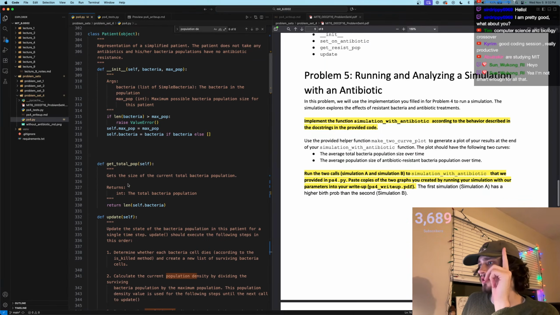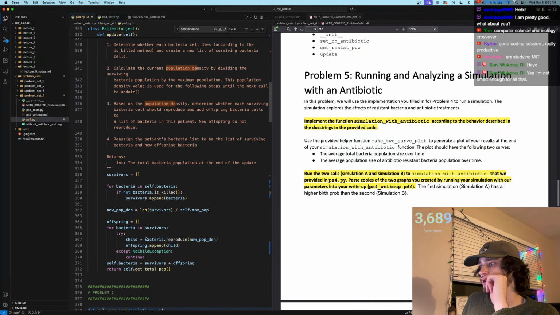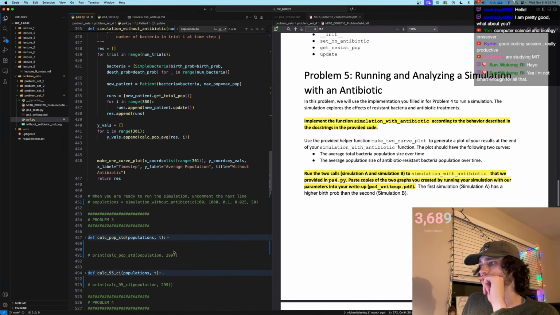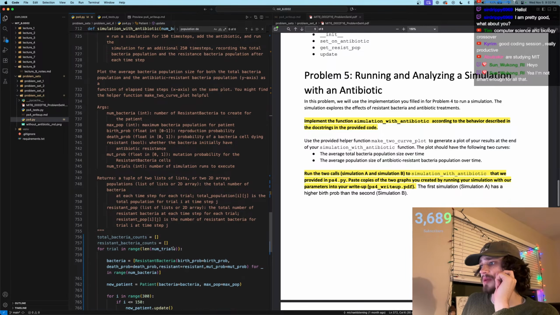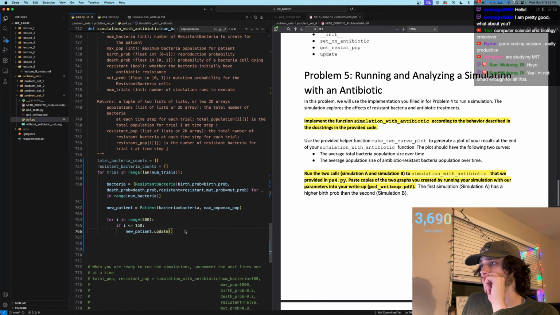Right, this is just a singular patient that returns the total population, and the number of resistant bacteria is 0 because this patient is not treated.